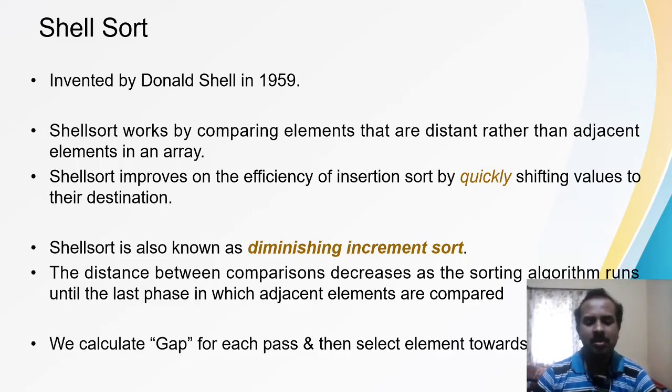So this is the expression of diminishing increment sort. At the first time you have a large distance between the two compared elements. Then as the phases go on, the gap between the elements will be decreased. We are going to calculate the gap for each pass and then select the element towards the right side of the gap.